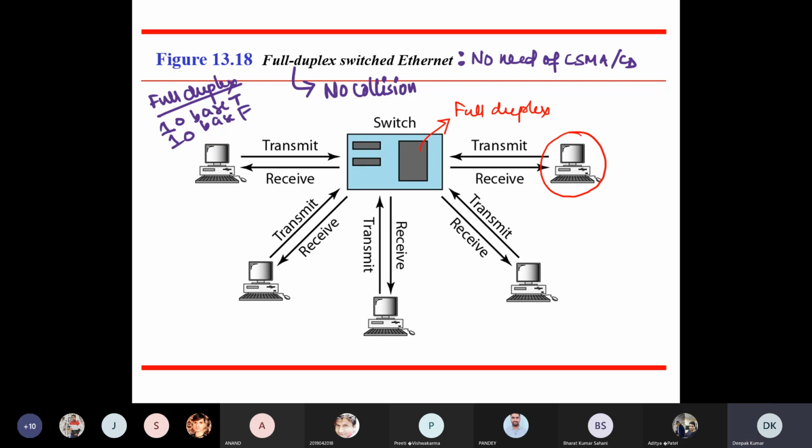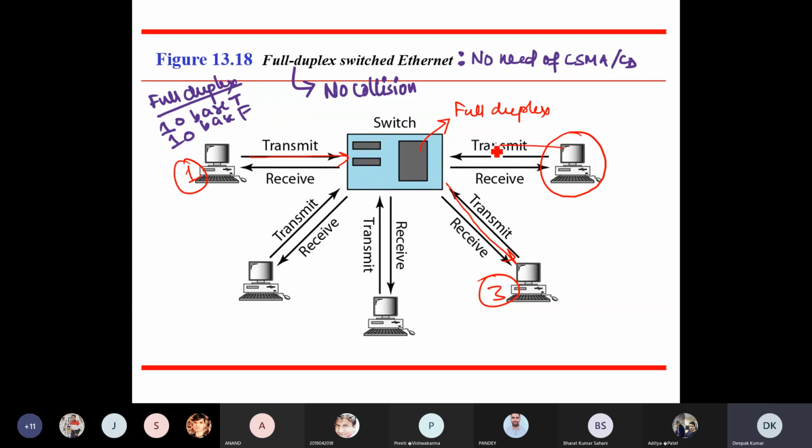See, suppose this first node wants to transmit to or receive from this third node. It can directly transmit, and at the same time it can receive, and simultaneously this transmission and reception is taking place.